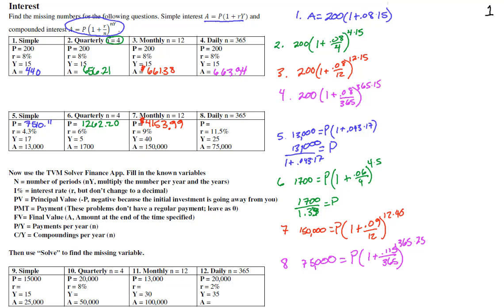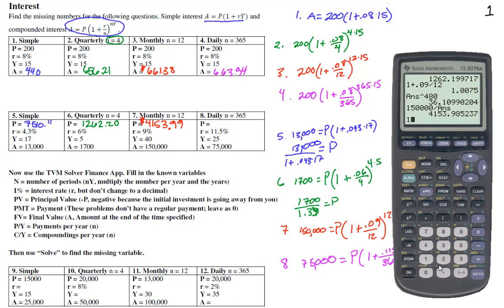So I'll plug this in the calculator and we get 1 plus 0.115 divided by 365. So you'll notice that becomes a very small daily interest rate that we get, but now we're raising it to the 365 times 25. So a huge power, and we get 17.7.